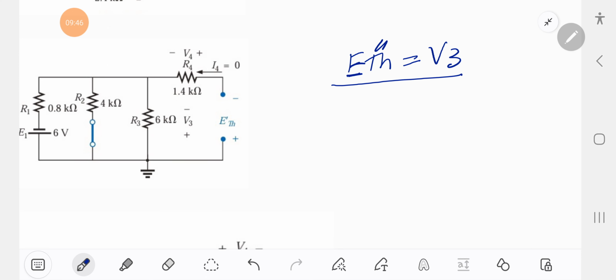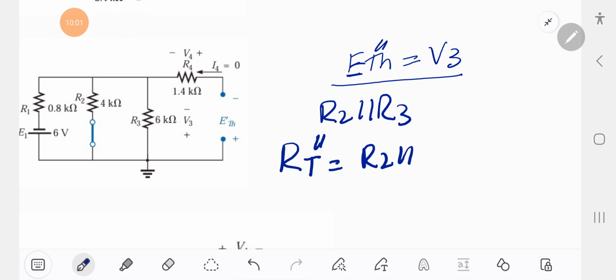So R2 and R3 are actually parallel to each other here in this case. So RT double dash is actually equal to R2 parallel to R3, and this RT double dash is actually in series with R1.